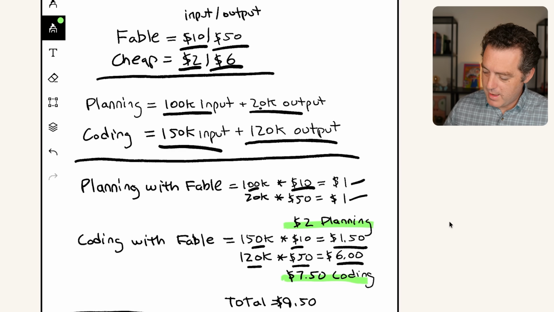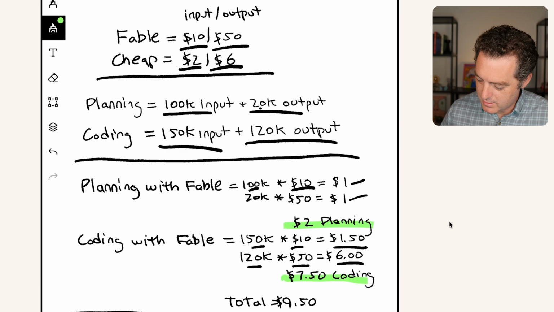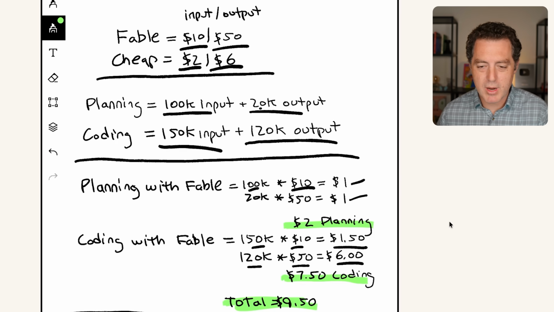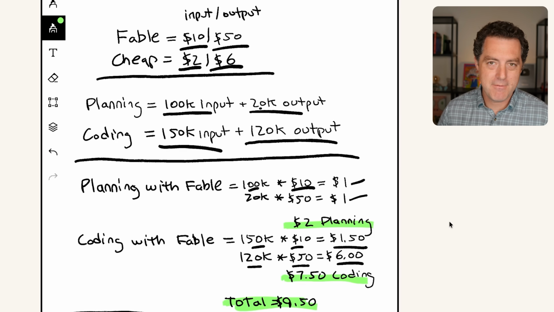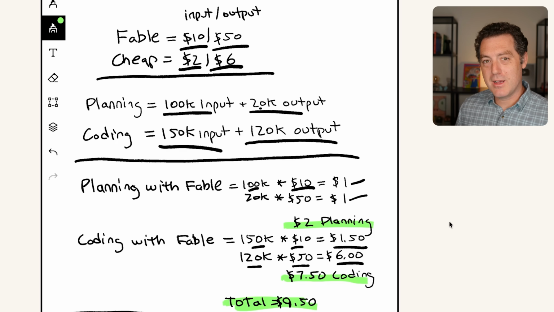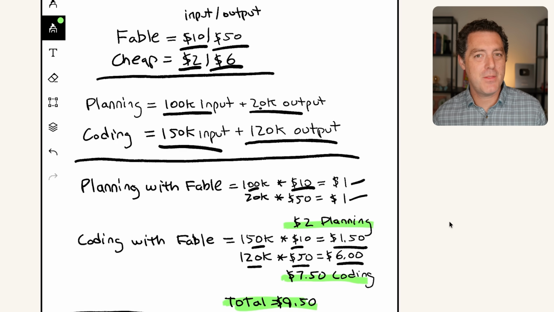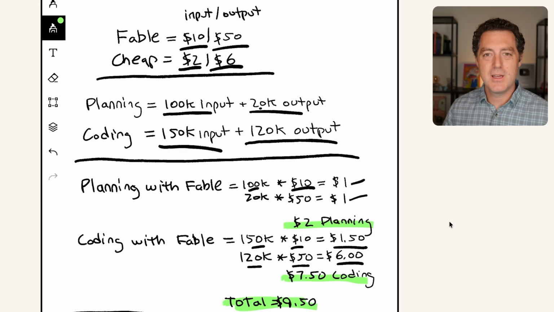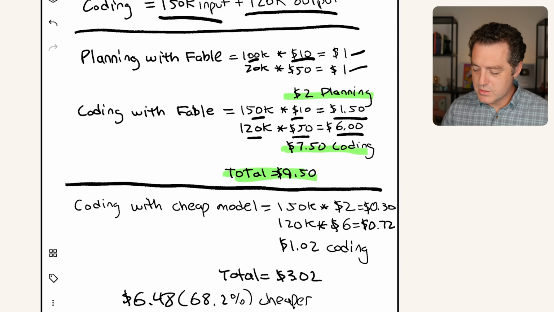Then if we sum our planning and our coding costs, the total cost is right here at $9.50 for whatever we just built. Now, let's look at what happens if we start to offload that coding, the execution phase, to a cheap model. So we're going to assume the planning stays the same with Fable, but we're going to offload the coding to a cheaper model.